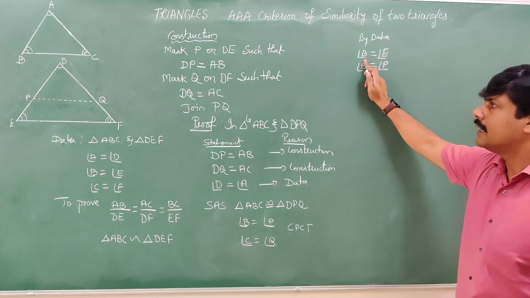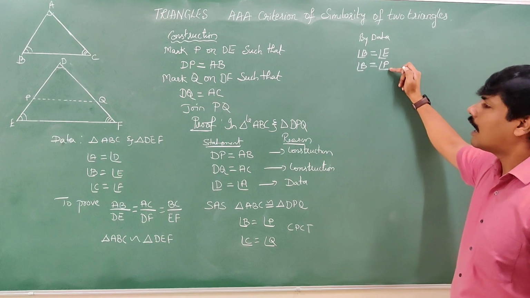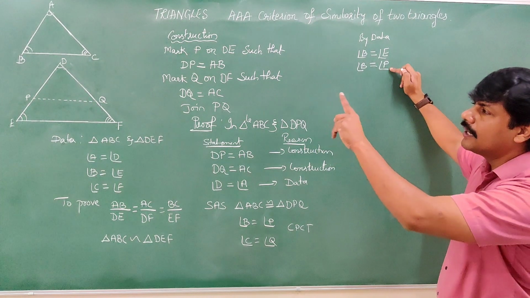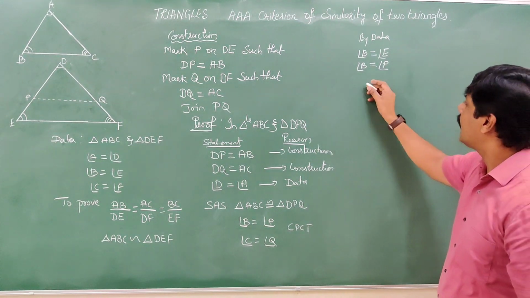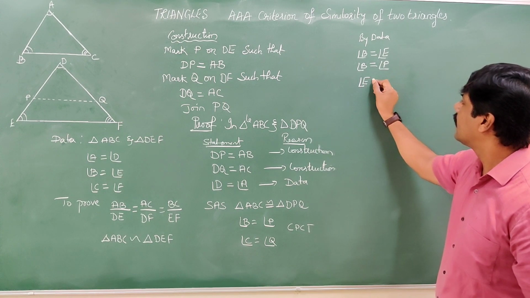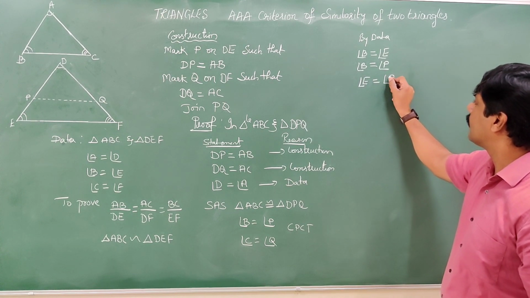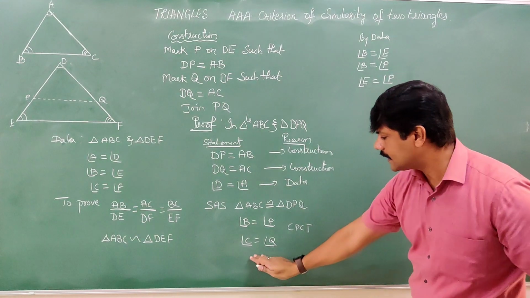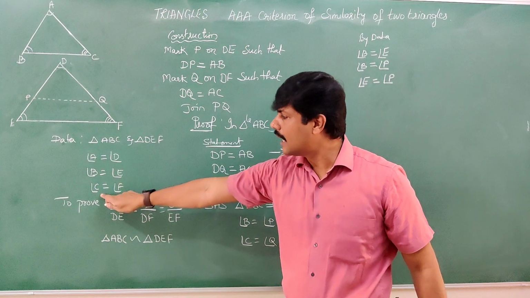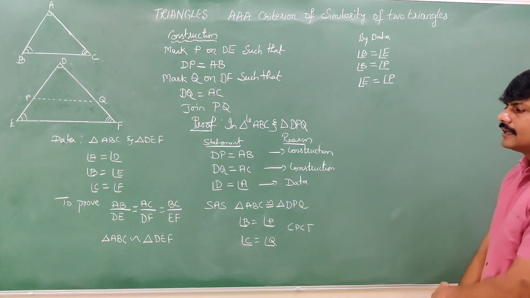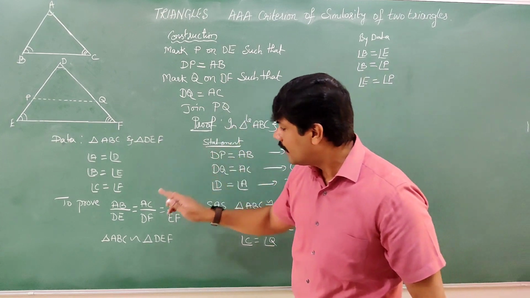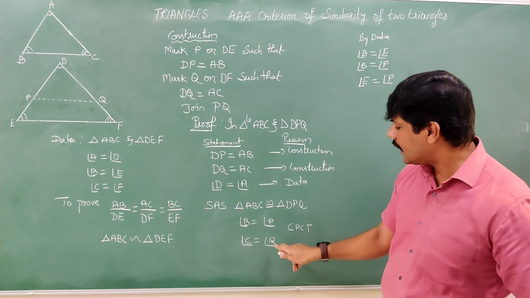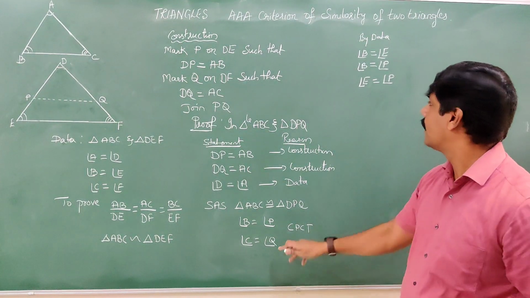Since angle B is equal to both angle E of triangle DEF and angle P of triangle DPQ, angle E is equal to angle P. Understand? Now see that angle C of triangle ABC is equal to angle F of DEF as well as angle Q of triangle DPQ.